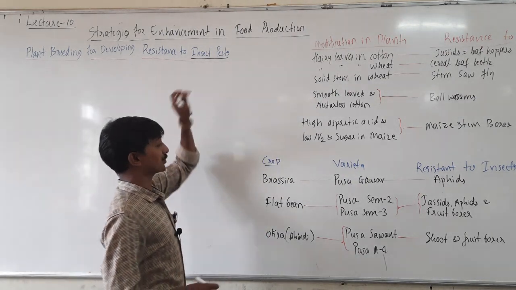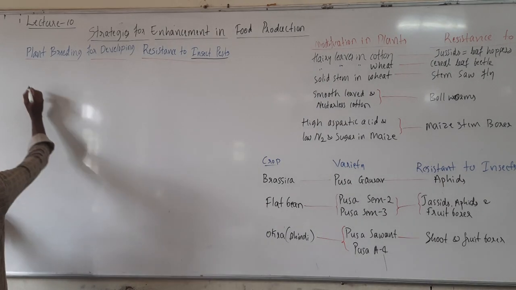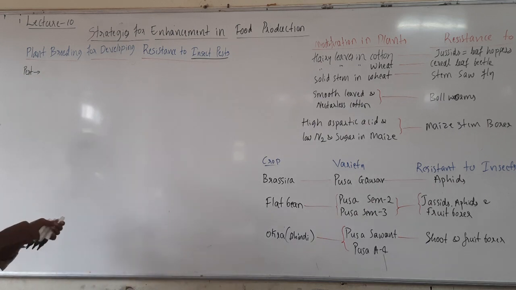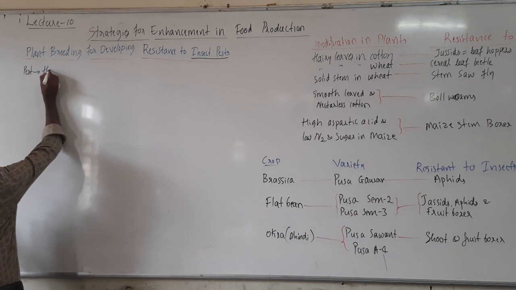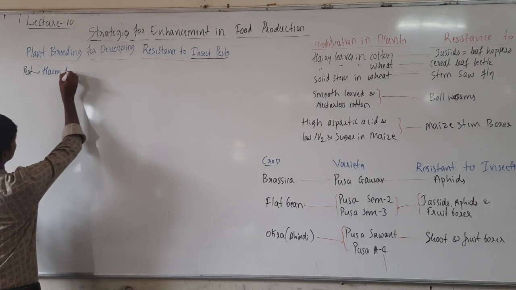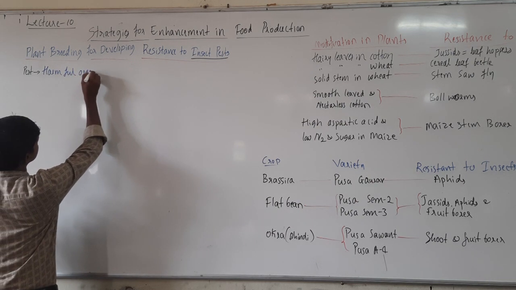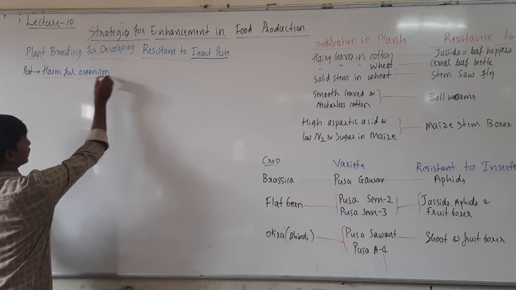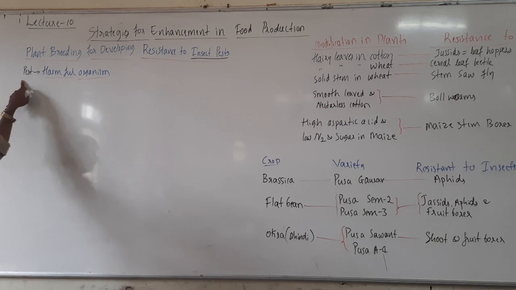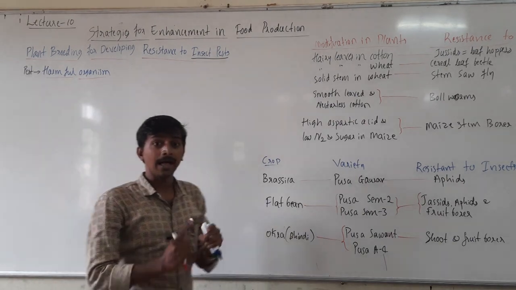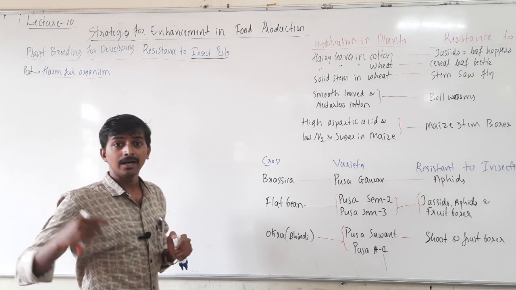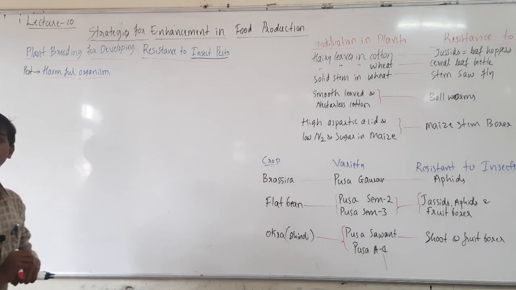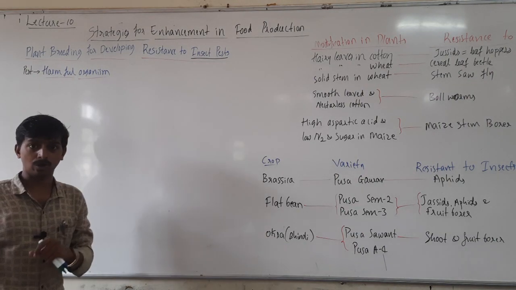What is the word pest? When you use the word pest, it means a harmful organism. The pest may be an insect, another plant, a bacterium, or one of the viruses, any organism which is harmful to our crop plants.